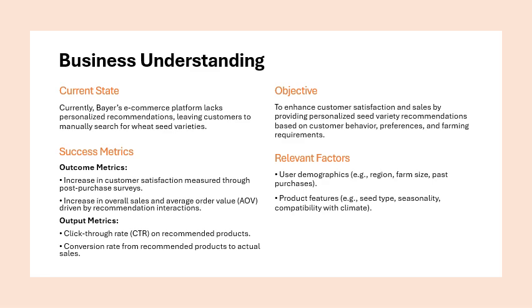The current state. Currently, Bayer's e-commerce platform lacks personalized recommendations, leaving customers to manually search for wheat seed varieties. I mean, we could build some heuristics and give them some recommendations based on that, but again, I would say it's not a great recommendation given this technology.